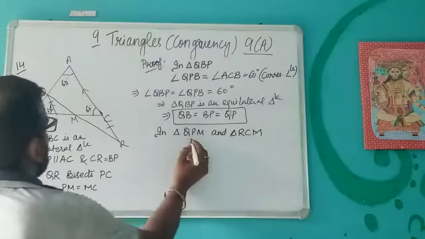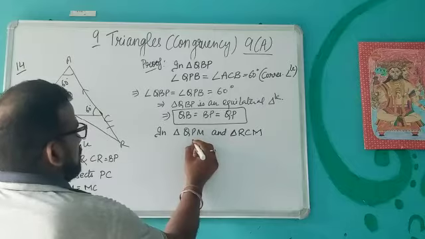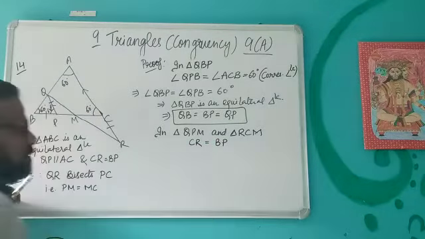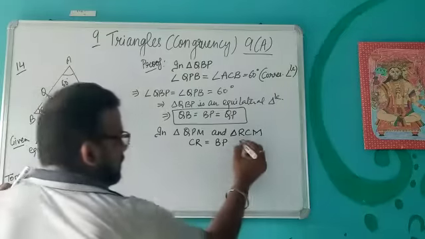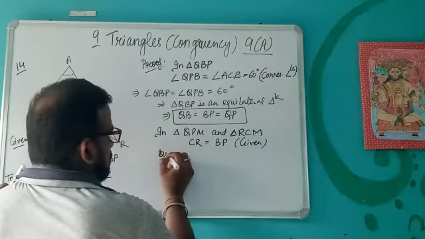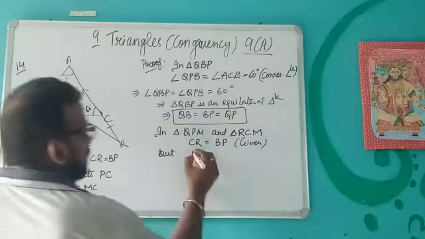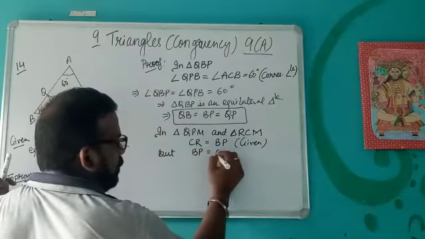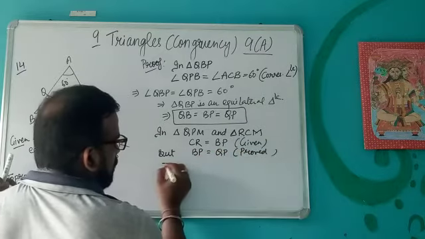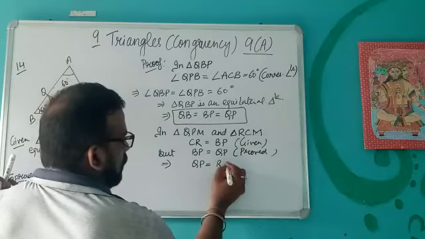Now what we know is CR equal to BP, that is given. But BP equal to QP, that we have just proved. So this will give us QP equal to RC.